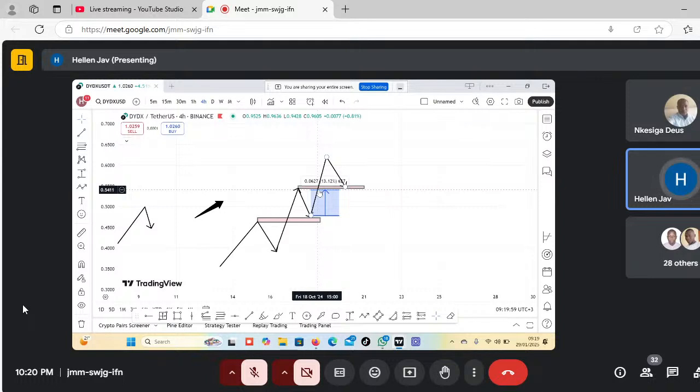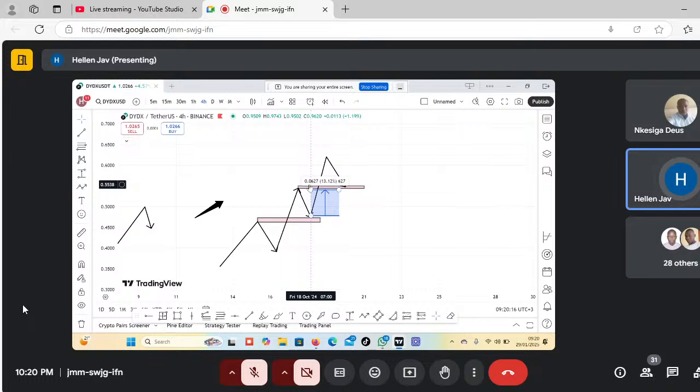This is our new resistance. So the concept is that we always enter the market from the support level, and then we exit from the resistance. Then the moment the market goes through the resistance, we wait for it to come and test it here. Meaning this one has become support, and then you can enter the market again, still exiting from the resistance.